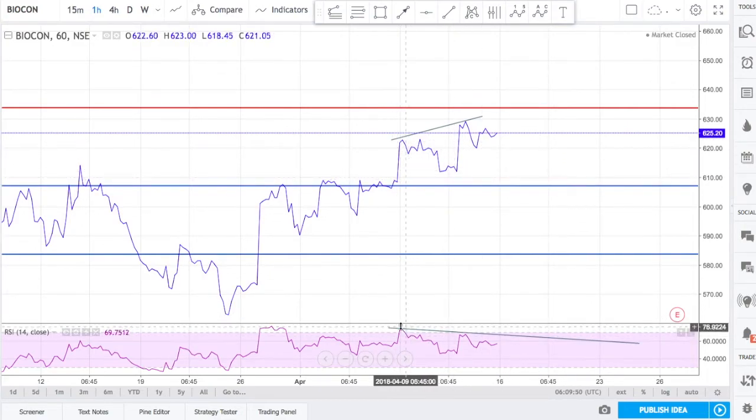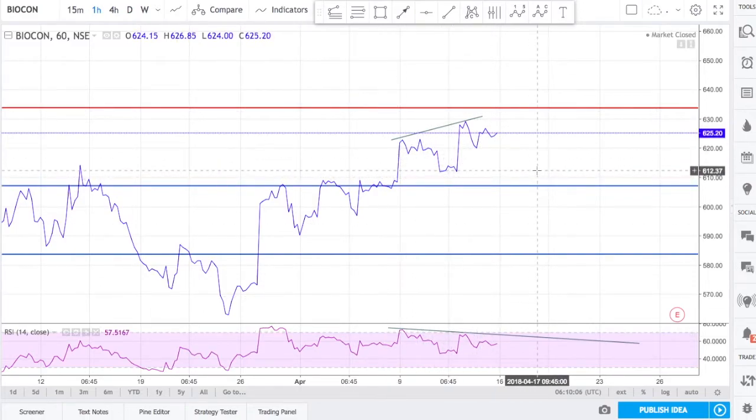This is the point corresponding to this point, and this is the point corresponding to this point. So you could see there is a clear RSI divergence at these levels. So that is our third favorable reference to support our trade.